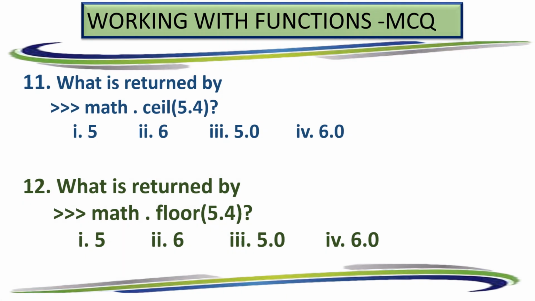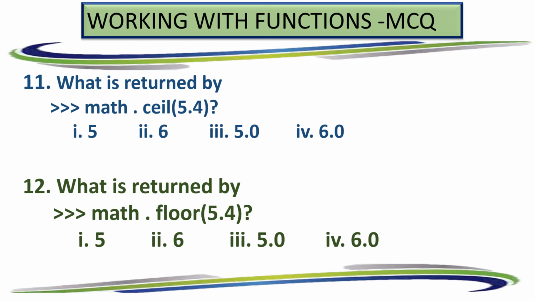Coming to the 11th question. Here it is math.ceil and here math.floor. One gives the upper bound and one gives the lower bound. That is, 5.4 will be rounded off to the highest integer by ceil, and floor will round off to the lowest integer.